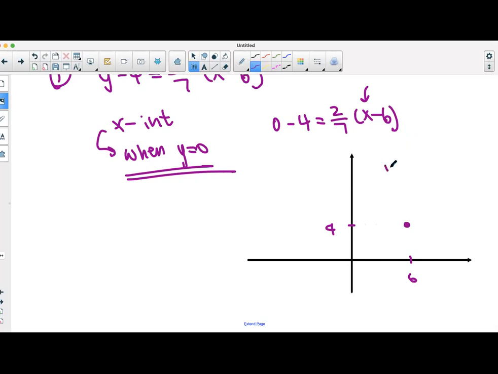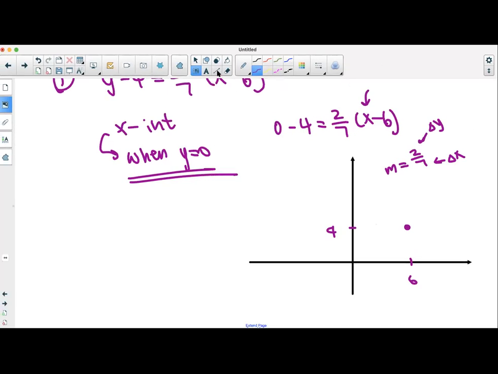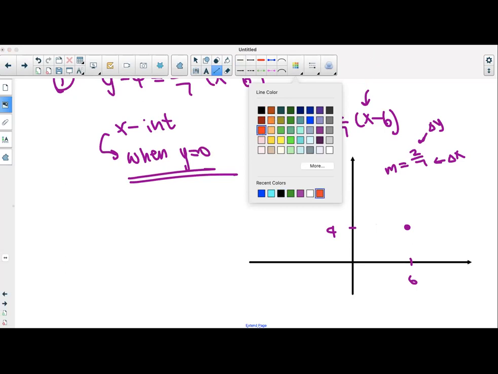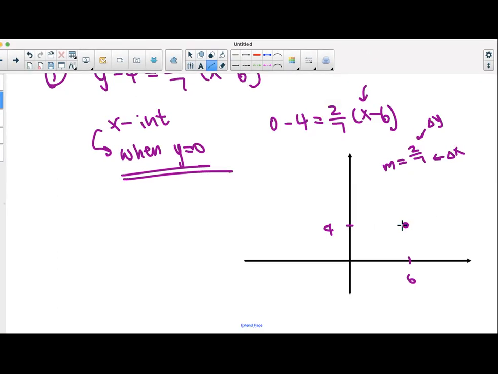But the slope is 2/7. What does that mean? Change of y is equal to 2, while change of x is equal to 7. So I'm looking for the x-intercept, and my slope is positive. Therefore, my line would have been passing through somewhere like this, somewhere along that line. Is that clear, guys?